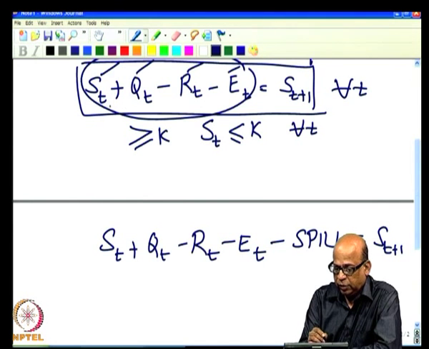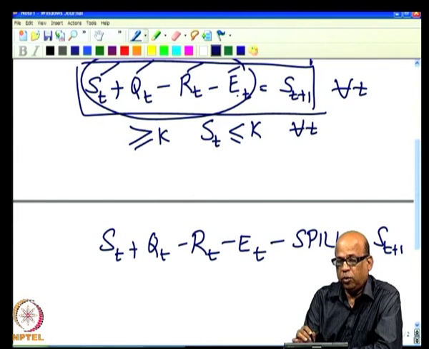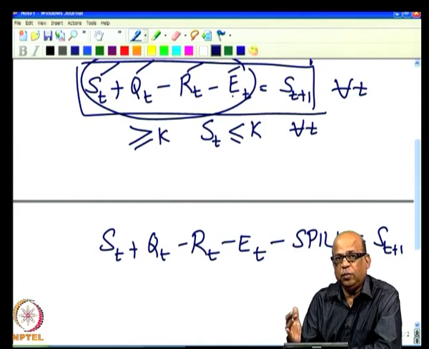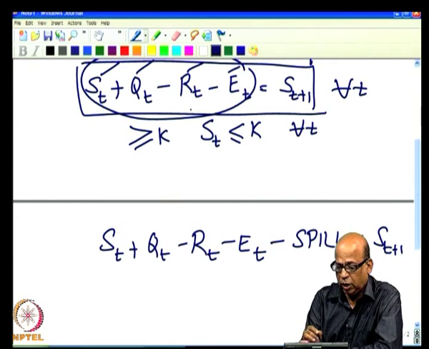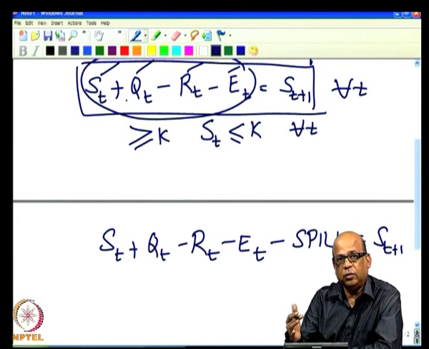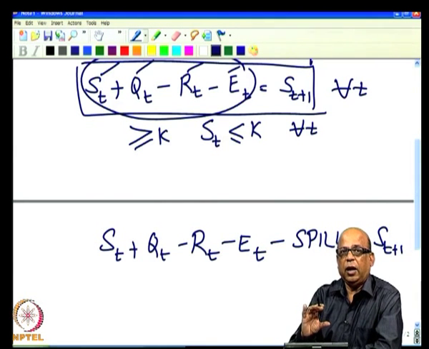Then it would have been extremely restrictive, and you would end up with infeasibilities, because you are specifying this and then saying that your St should always be less than or equal to K, and if your Q is very large in certain periods, there is no way the optimization can account for the additional water.